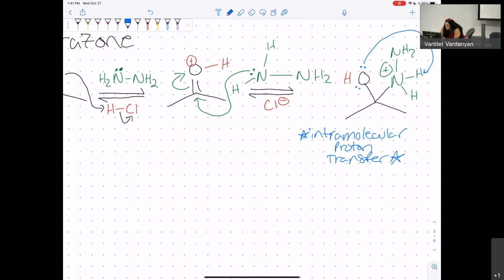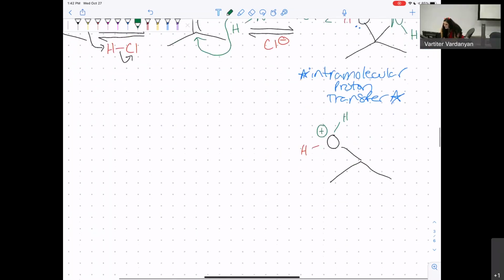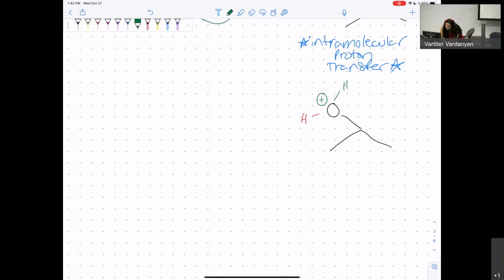Alrighty, so once we do our little proton transfer, what's the charge on the oxygen going to be? Positive. Yay. And so we made it a better leaving group, perfect.